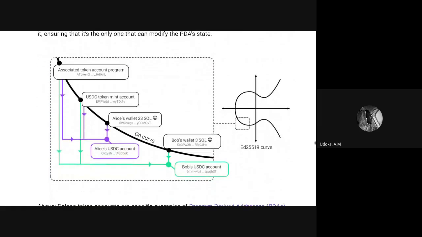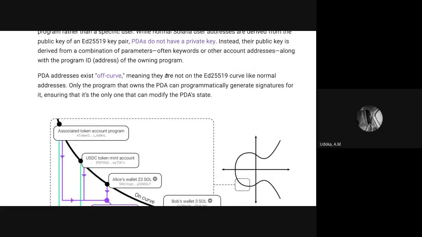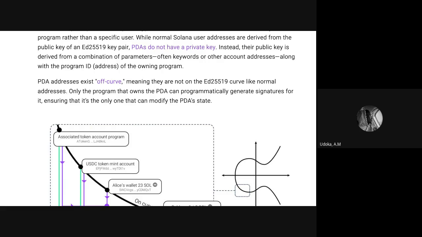Now this is a detailed diagram of how the ED25519 curve is created. If you look at this Cartesian plane, where my mouse is, almost all accounts are created on the curve, which means that at every given point there's a corresponding X and Y, so that we can always have a corresponding private and public key.